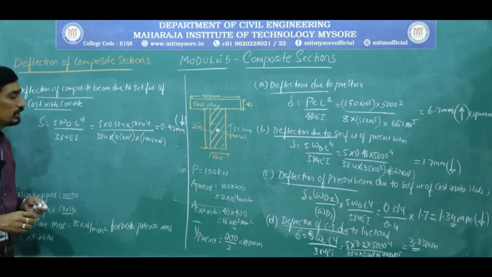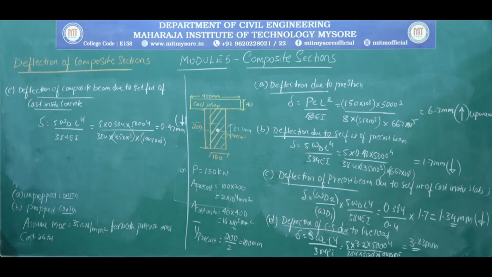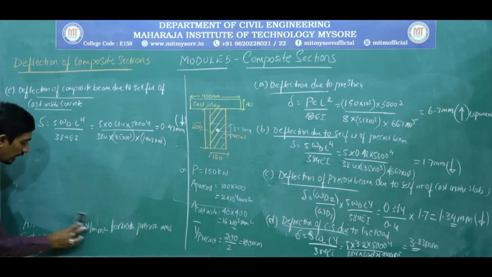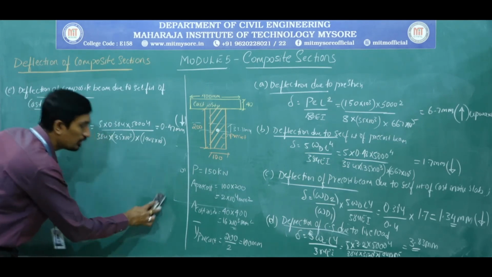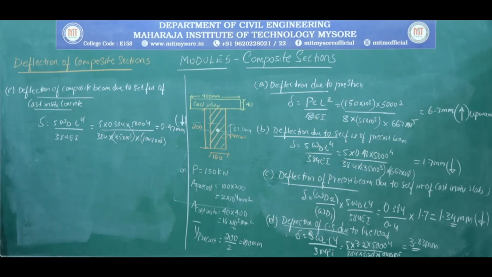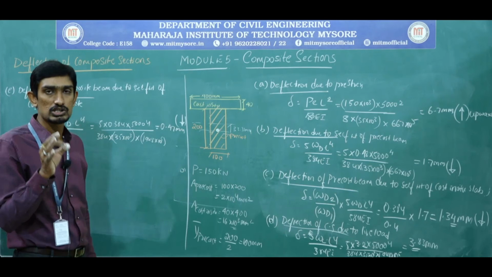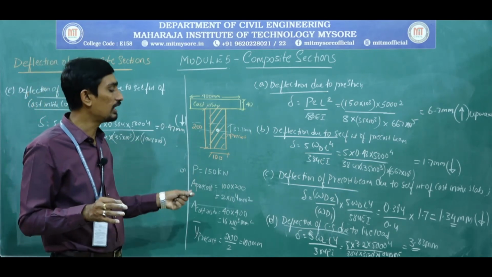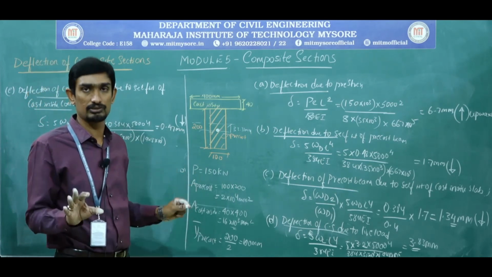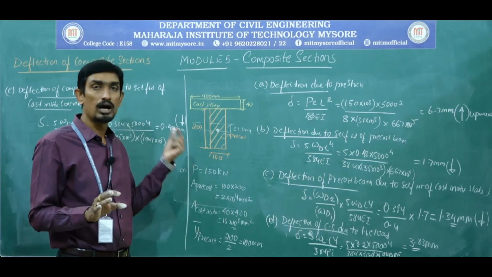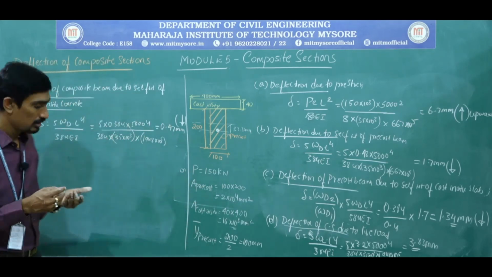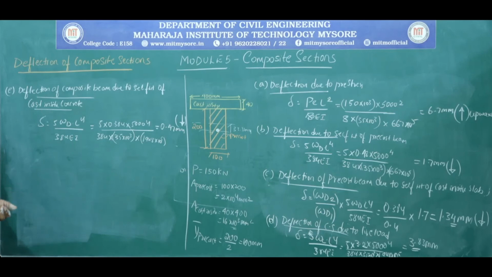So like this, you need to calculate the deflection for unpropped and propped when the modular ratio is the same. Finally, we need to calculate the resultant deflection, which is the short-term deflection.